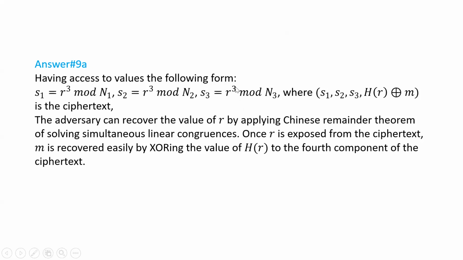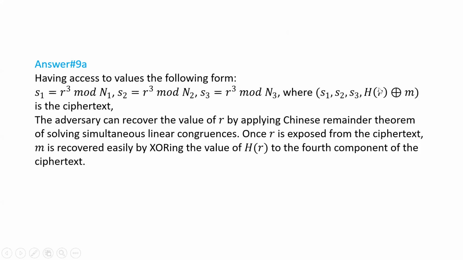Whatever you get by solving the Chinese remainder theorem over these three linear congruences is congruent to R cube modulo N1 into N2 into N3. And once that is recovered, you can easily recover the value of R.